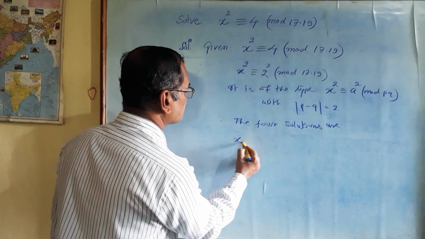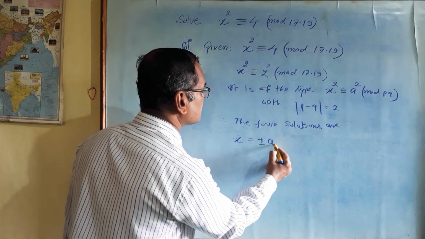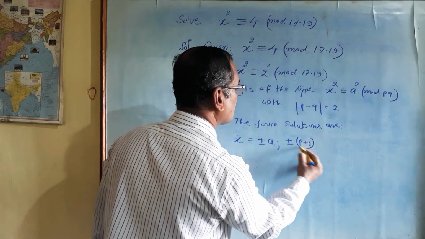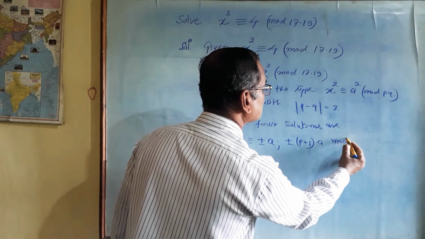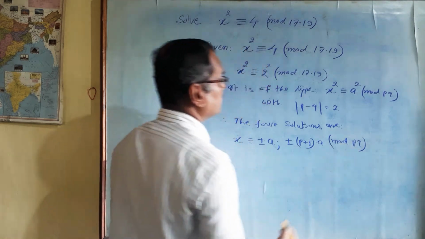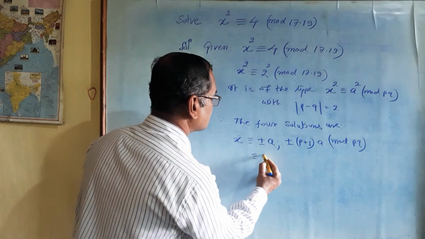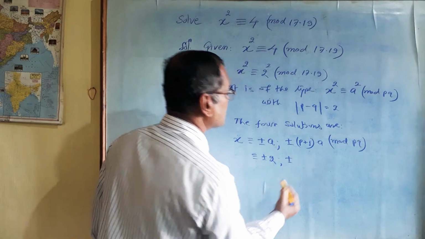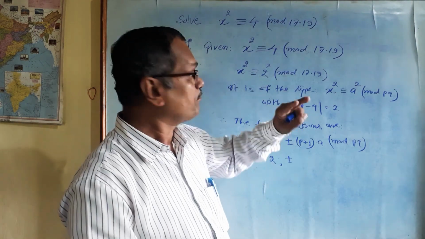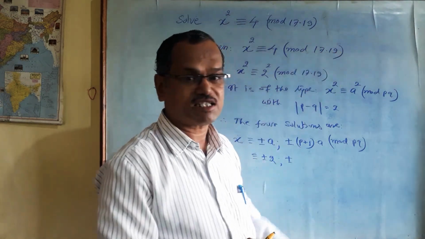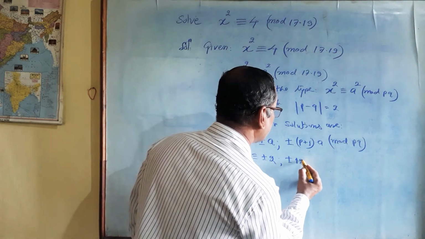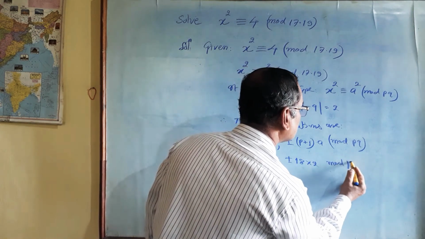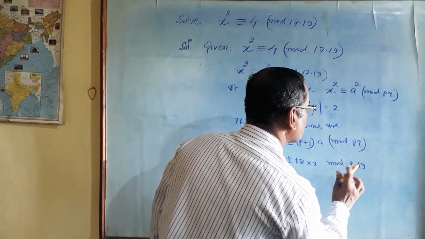The formula is x congruent to plus minus a, and plus minus p plus 1 into a, mod pq. Substituting the values, our a is 2 here, so plus minus 2, and plus minus p plus 1 into a, where p plus 1 is the number between 17 and 19, that is 18, so 18 into 2, mod 17 into 19.